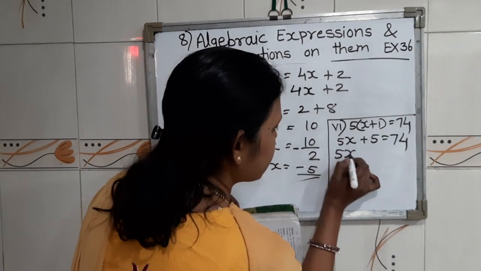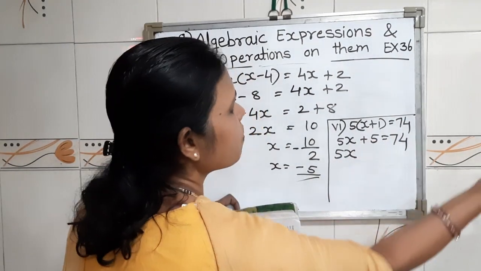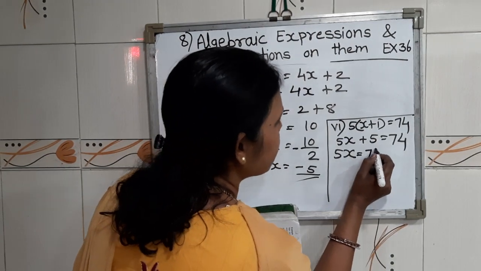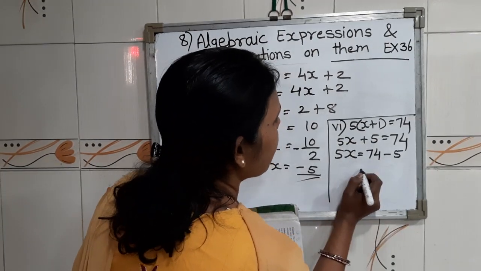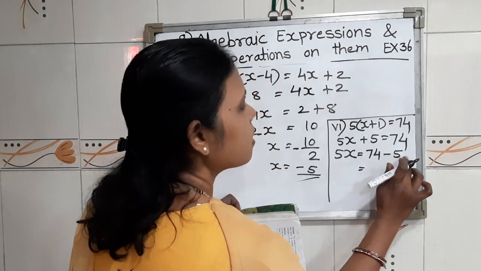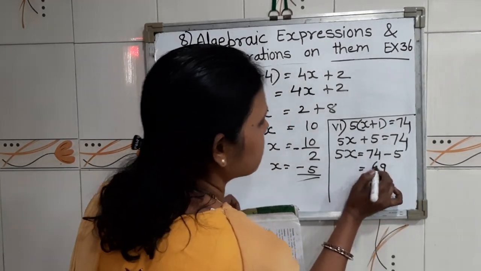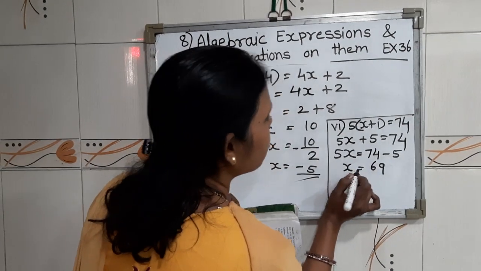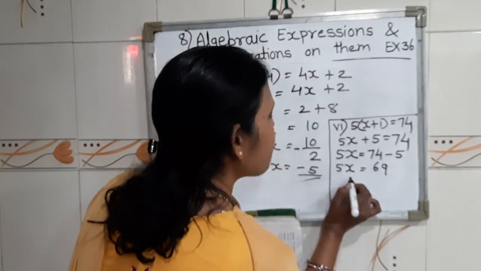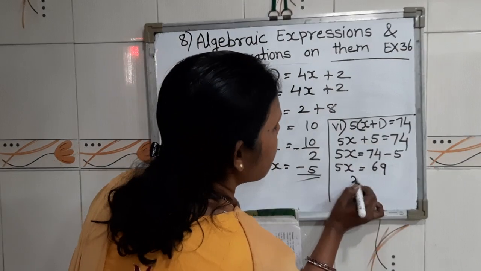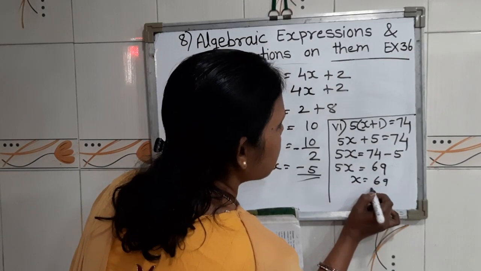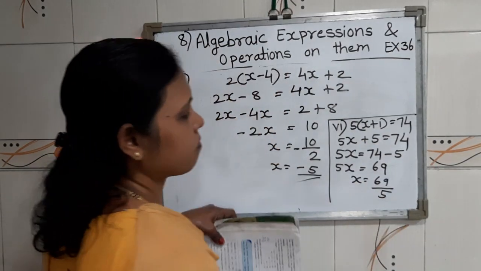Then 5x as it is. This plus 5 we are taking on right hand side. 74 minus 5. Then 14 minus 5. Answer 9. Here 6. Then x equal to, this one is 5x. 5x write down equal to 69. x equal to 69 upon 5.